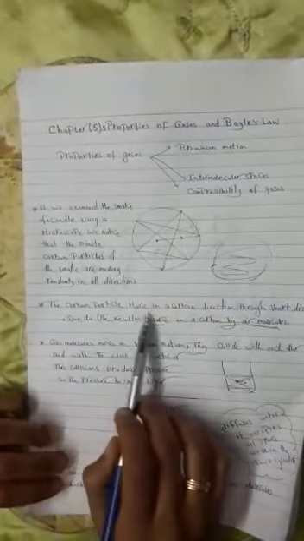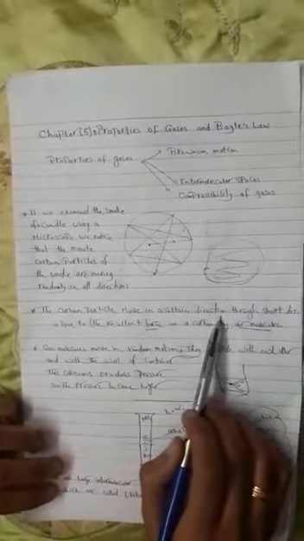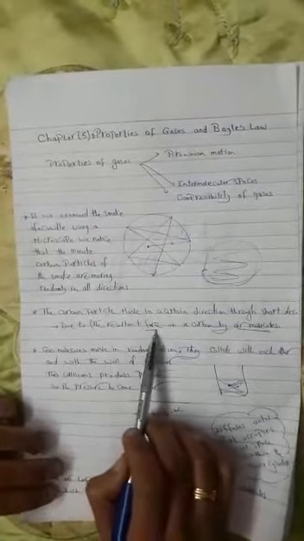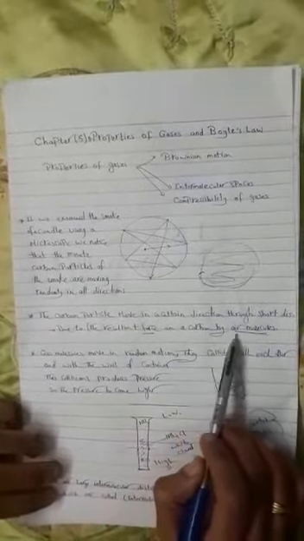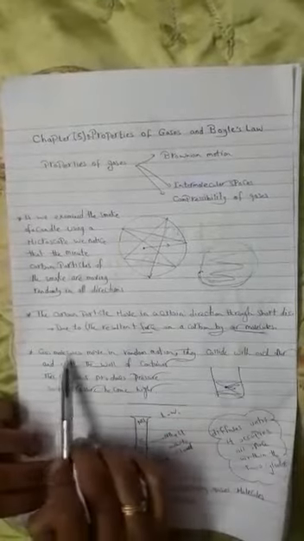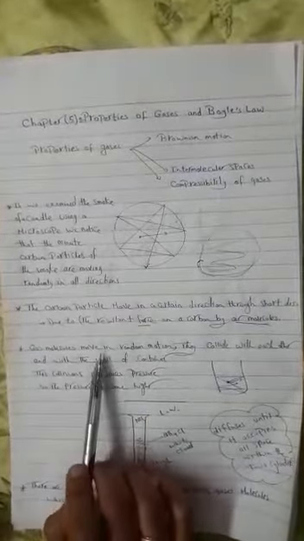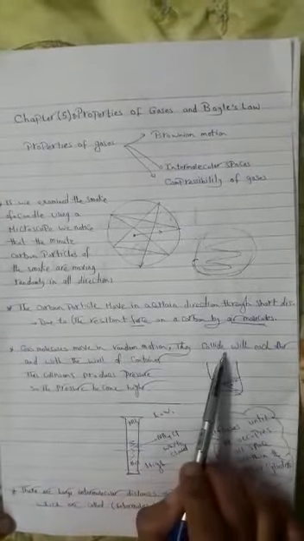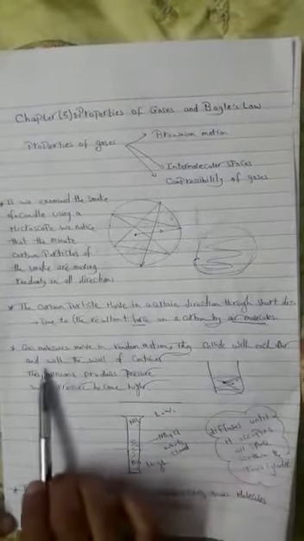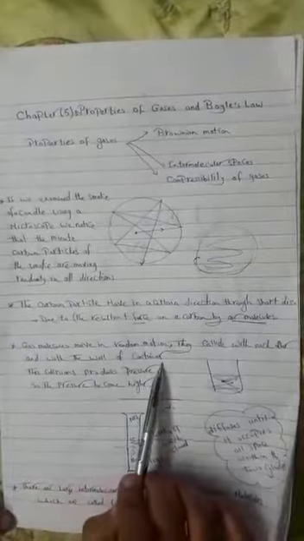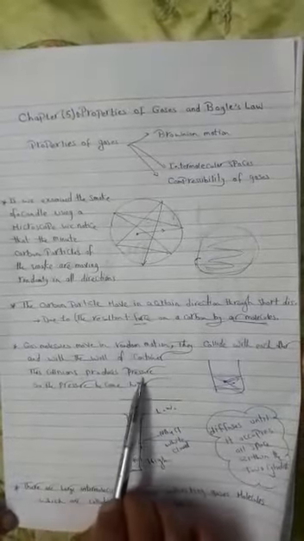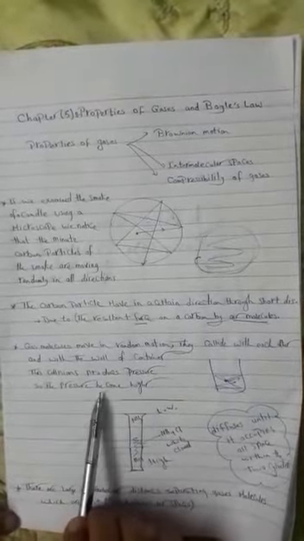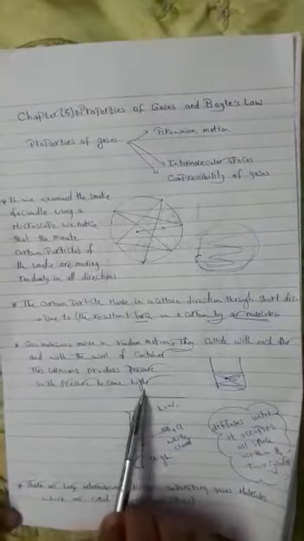The carbon particle moves in a certain direction through a short distance due to the resultant force on the carbon particle by air molecules. Gas molecules move in random motion. They collide with each other and with the wall of the container. These collisions produce pressure, so the pressure of the container of gases becomes higher.